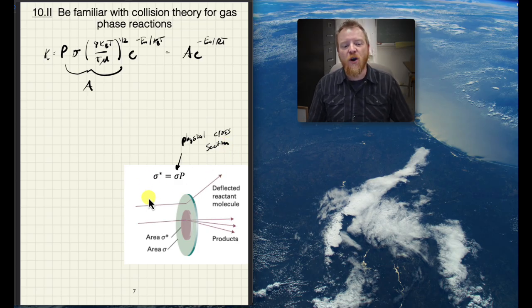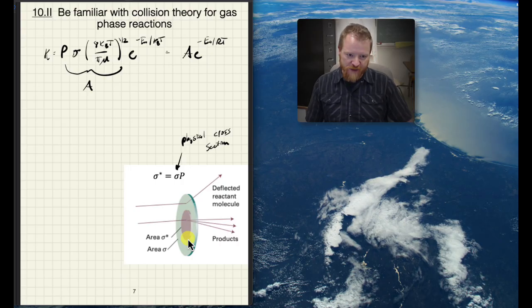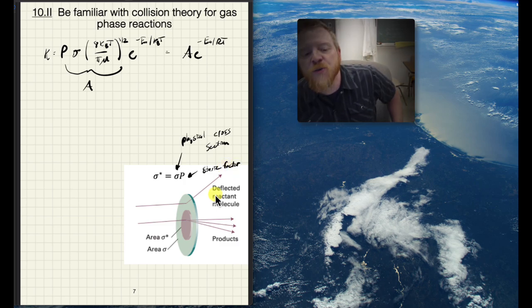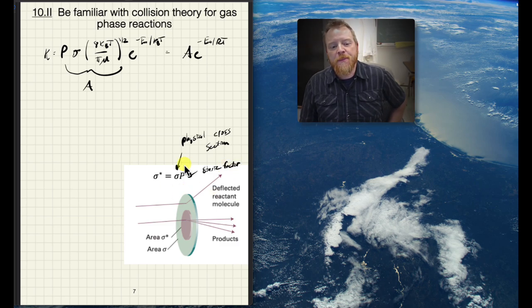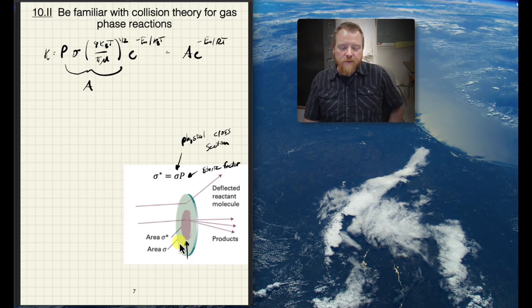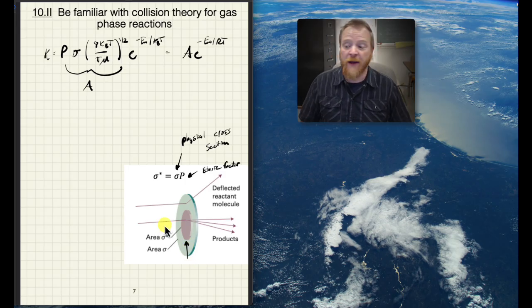And sigma star is the reactive cross section. So that means P is my steric factor, and it literally just is some unitless orientation parameter. It basically scales sigma down to sigma star based on what we know about the molecule.